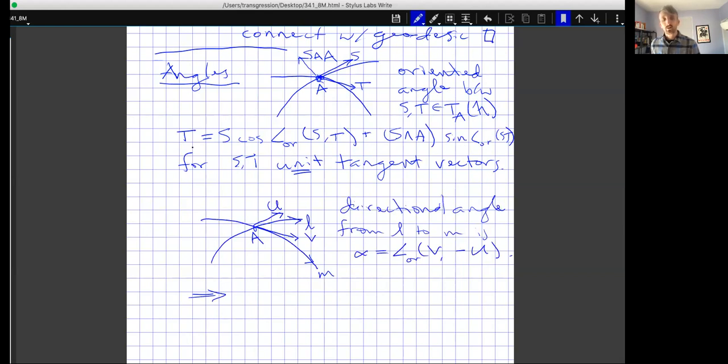We know that minus U will equal this cosine and sine combination of V and V wedge A. And so when we plug that in, we learn that the inner product of U and V is equal to the cosine of alpha. So that is probably a familiar formula with inner products.